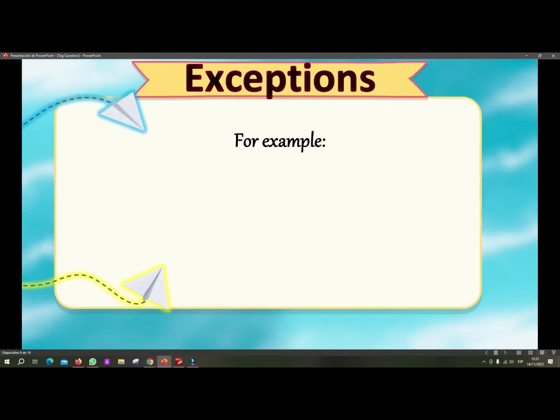So, exceptions. For example, I am attractive, aren't I? So this could be an exception. In this case, here you have the verb to be, and here you have I. That is the first person singular.